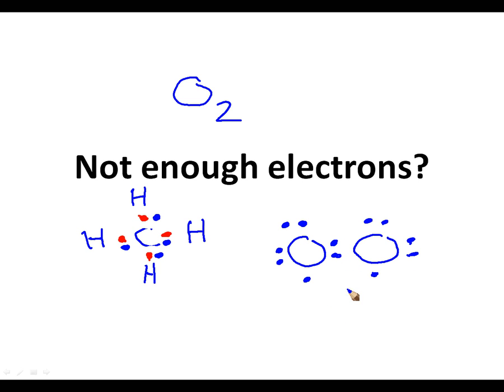So if they share 2 in the middle here, that's all great. We've got a single bond here, but they still don't have a full outer shell. So in order to gain a full outer shell, they actually need to share another pair of electrons. So essentially, if 2 atoms are bonding or sharing electrons to try and gain a full outer shell, but they can't achieve a full outer shell by sharing a single pair of electrons, what they'll actually do is share another pair of electrons.